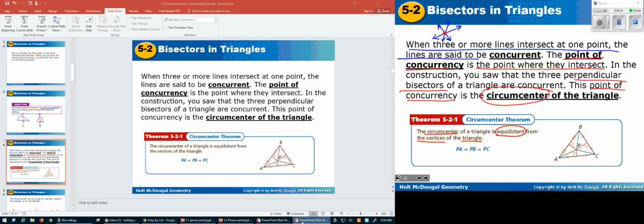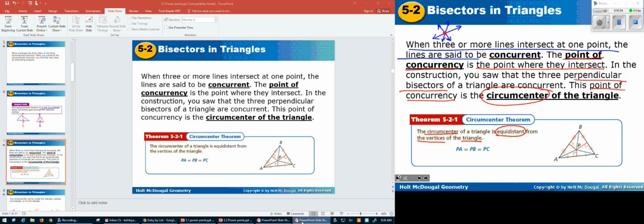Equidistant to the vertices. So in other words, if I draw in my picture the distance from the circumcenter to each vertex, from here to here, from here to here, and from here to here, all of those will be the same length.